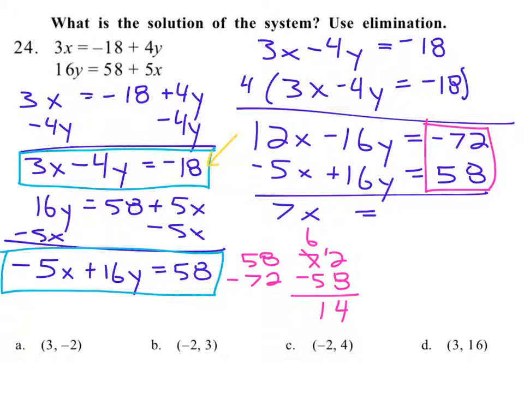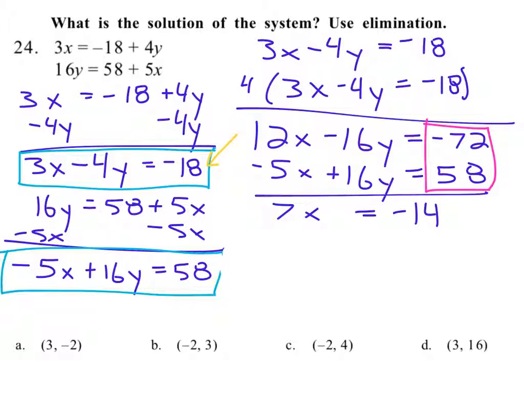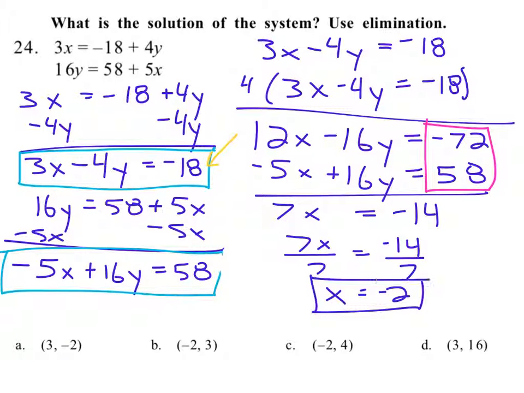And we know that we actually have to have a negative because you can see up here that there are more negatives than positives. So I'm going to erase that. And we're going to have a negative 14 there. Divide both sides by 7. We get x equals negative 2. That's the x coordinate.